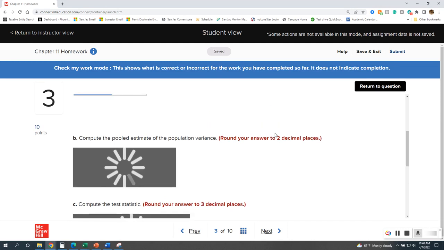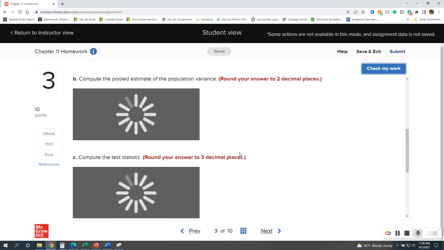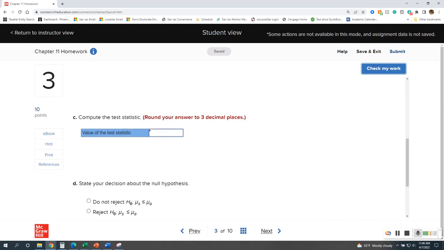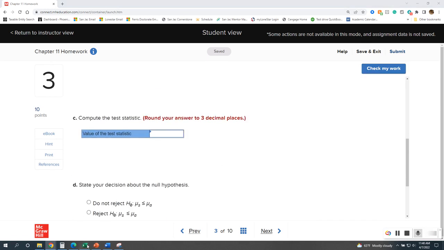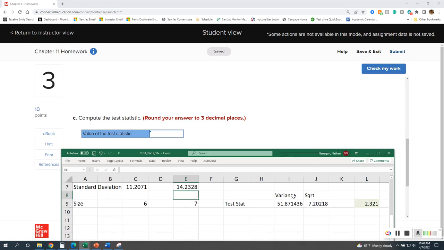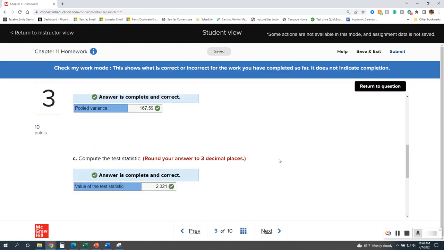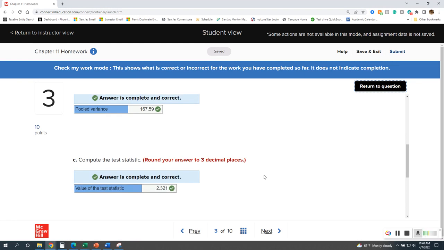I check. There we go. See? Again, just input. And this already has our test statistic because we already got it set up. And 3 decimal places, so it is 2.321. And boom. Using Excel, bring in fun.